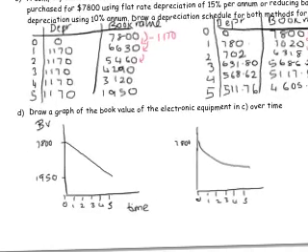It starts off being 7,800, that's the y-intercept, and the gradient is just going down by negative 1,170 every time. But in the second one, we see book value starts off at 7,800, but it's not going down by the same amount. And as the years go on, you'll see that it depreciates by less and less.